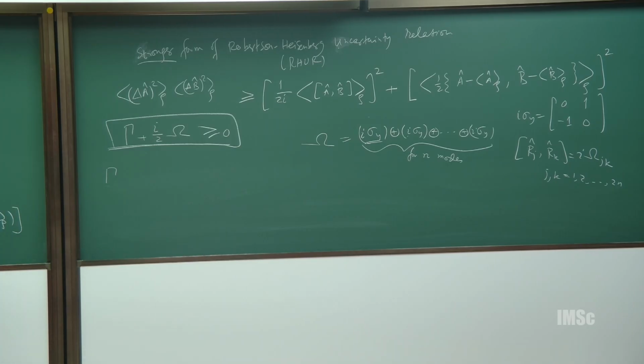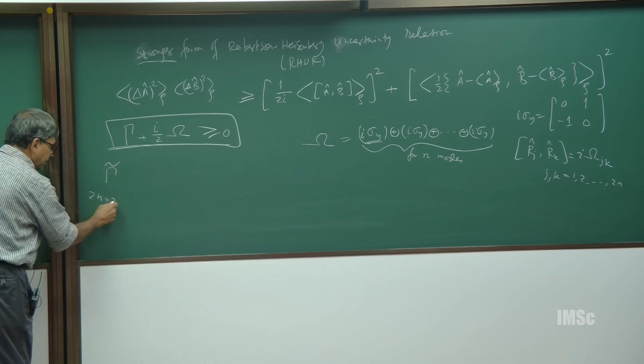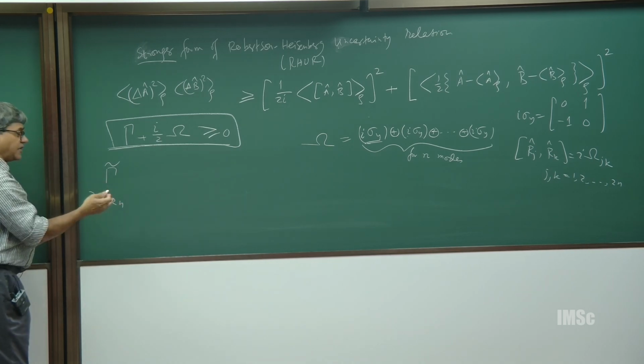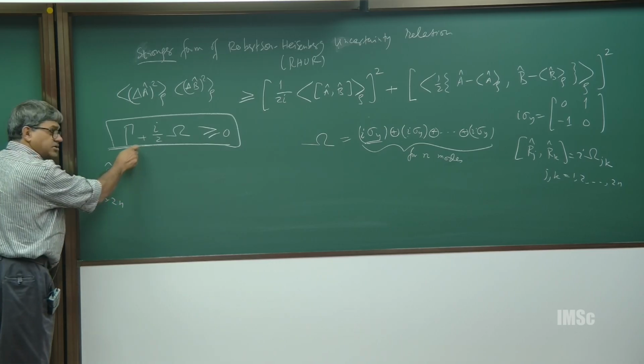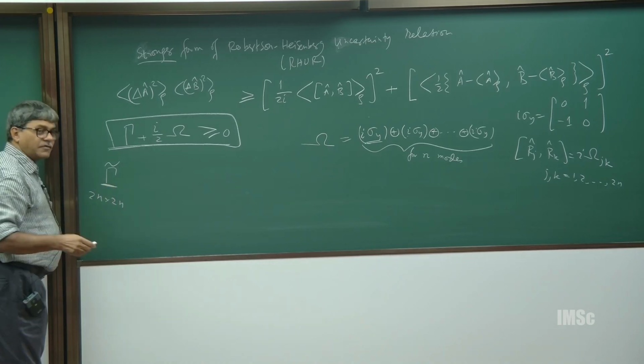And therefore, of course, this would be satisfied, no doubt of it. But for a general state, which is not necessarily Gaussian, I cannot say this. This is satisfied for a general state, but if I provide you, maybe I will use another notation, a 2n by 2n real symmetric positive definite matrix satisfying this condition, can I say that this is a bona fide covariance matrix of some n mode state?